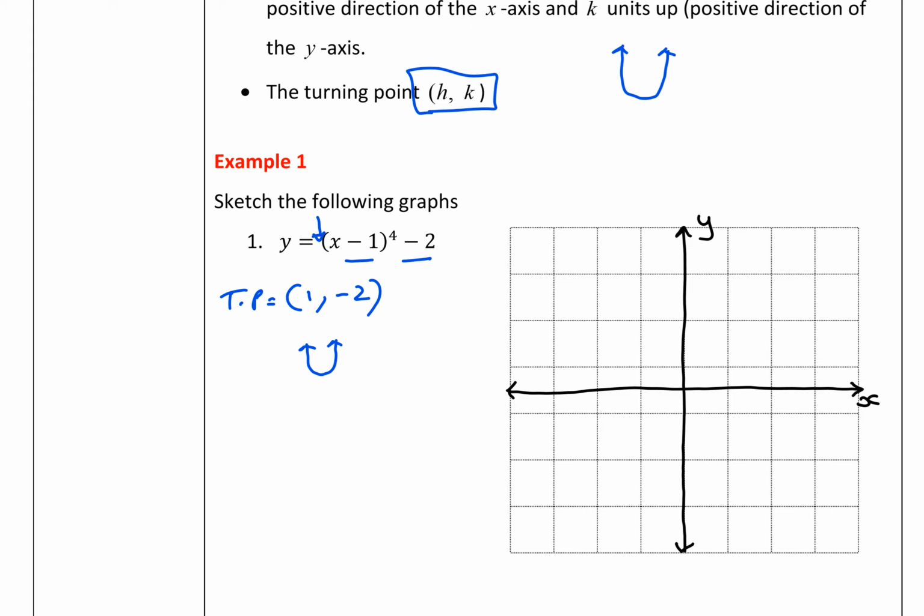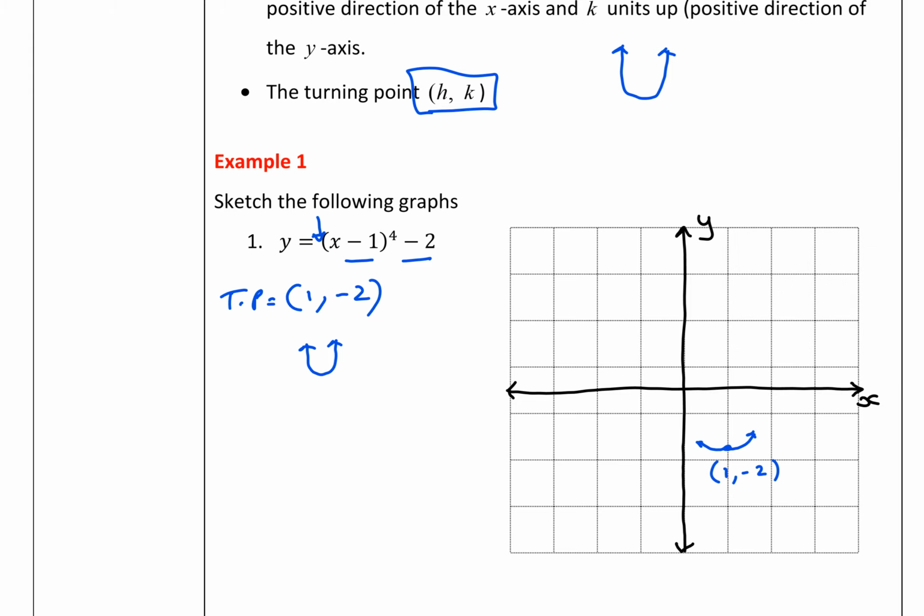Now immediately, if I mark that (1, -2), so I'll go across 1, down 2 and say that's somewhere about here, and I recognize that this is a positive shape, you can see that I'll have two x-axis intercepts and also a y-axis intercept.